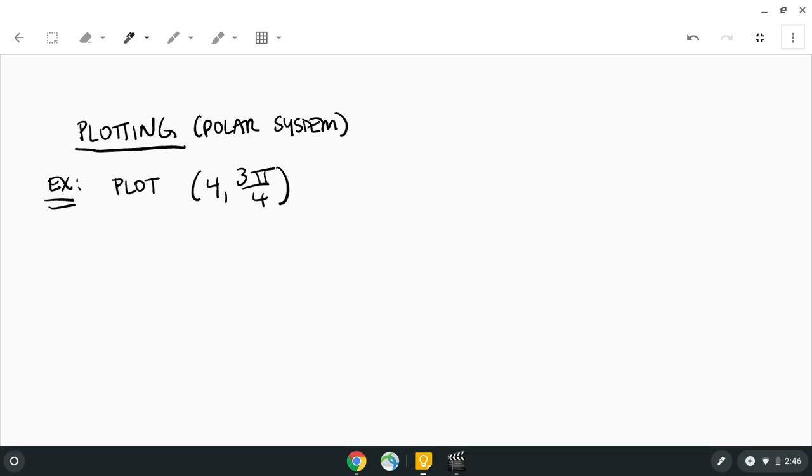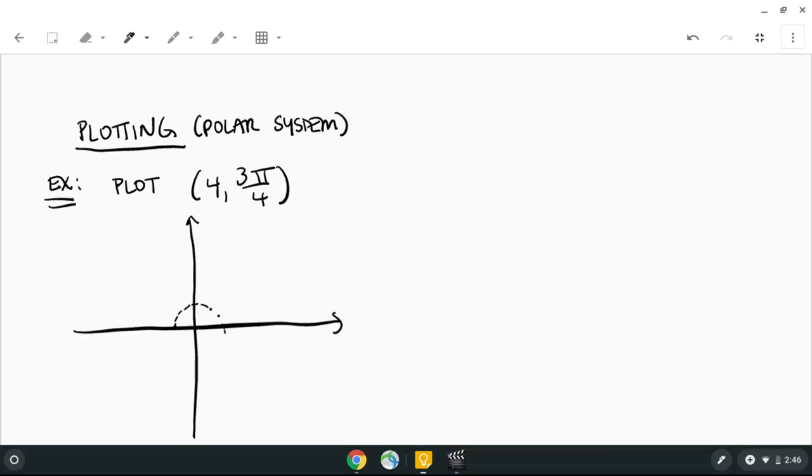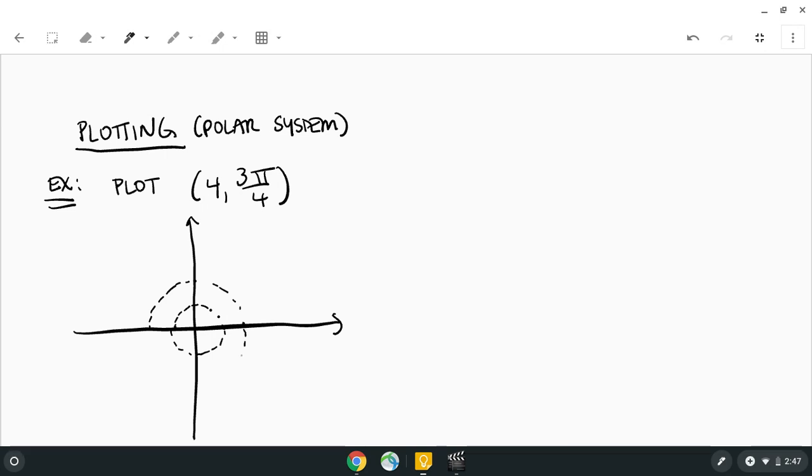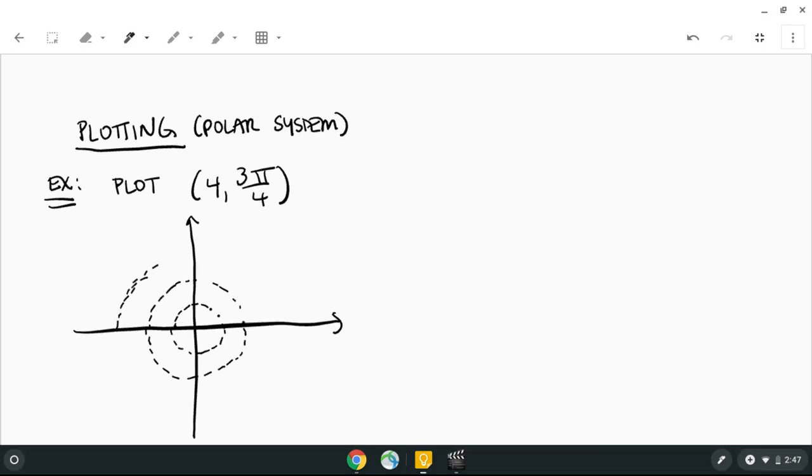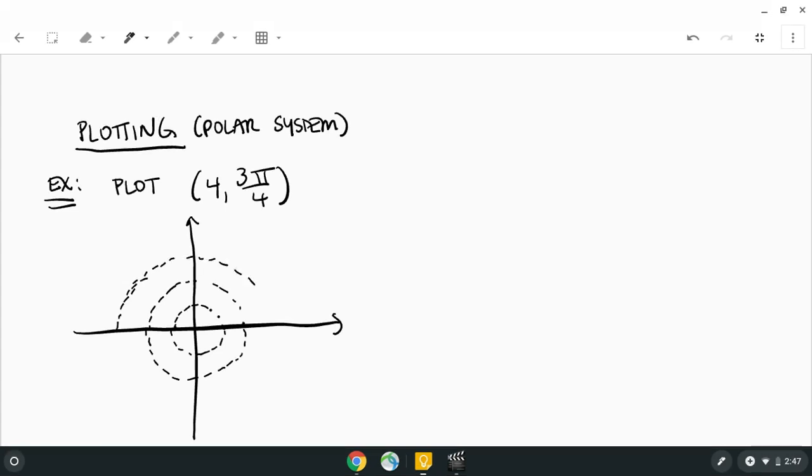Go ahead and draw your polar system, and then figure out where you're going to plot that point. Okay, so you can go ahead and hit the pause button. I'm just going to be working on this, and then go ahead and come back and see if we have the same answer.